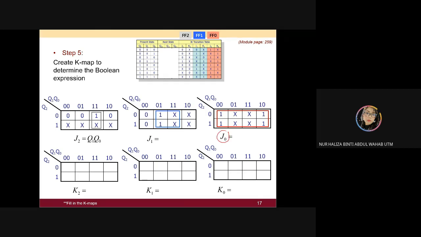For J0, you just fill in all the values inside here referring to your condition. If it is 000, you have 1. If it is 001, you're going to have X, and so on. This is filled into your K-map.